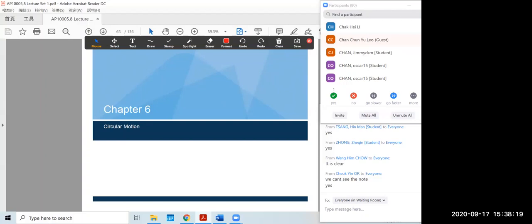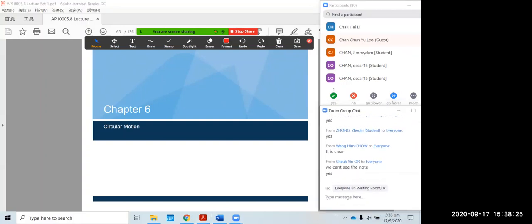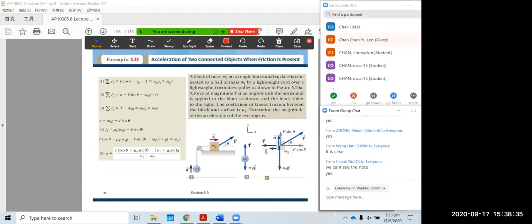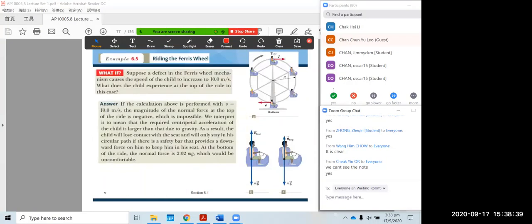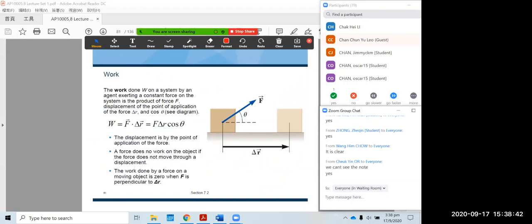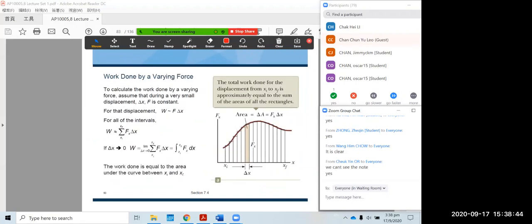The second topic that I will try to finish is the concept of energy. In particular, I will focus more discussion on the work done by varying forces, as requested by some of your classmates. So it is page 81 here, the work done by a varying force.